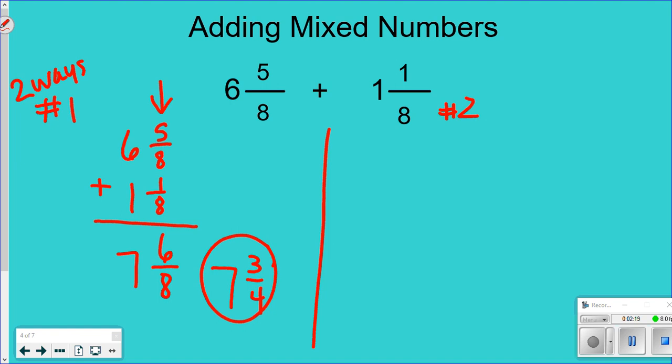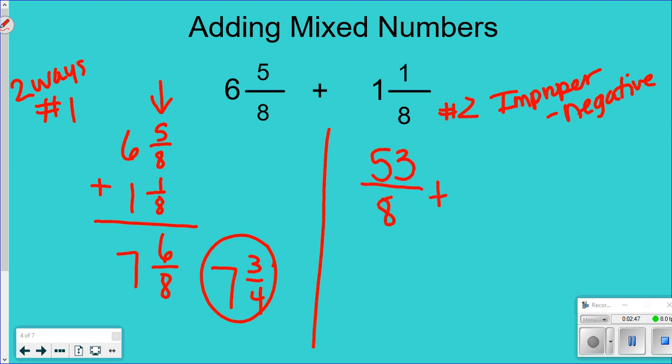Another way is changing everything to improper fractions. Number 2 way, improper fractions, comes in handy when you're talking negative numbers. So this way you might still need to know, but it's really more handy when something is negative inside of a problem. This one is not negative. So let's see. 8 times 6 is 48. 48 plus 5 is 53.